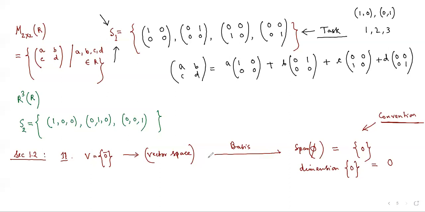Now, if you are well aware of contrapositive arguments, you can always try to prove that the span of phi is indeed 0.